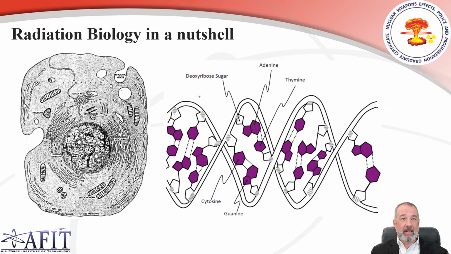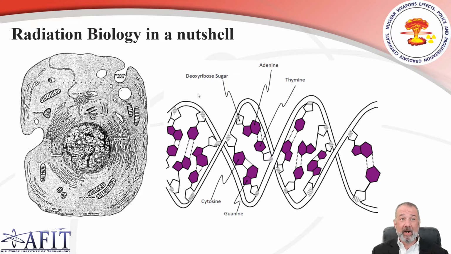The long and the short of it is we end up with one of these that now looks like something completely different, so that when it comes time for cellular replication, which involves taking that DNA, basically unzipping it, and then replicating it so that you can make a new cell, now you have a piece of it that's not going to replicate the way it should because it now looks like something else, so it's going to attach in a different way. And now we're creating defects in DNA through the replication process.